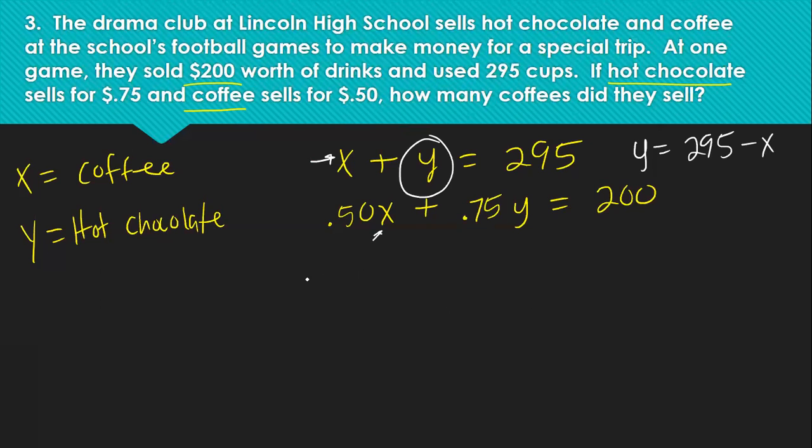So I substitute that in, and we have 50 cents x plus 75 cents times 295 minus x equals 200. What is 3/4 of 295? 221.